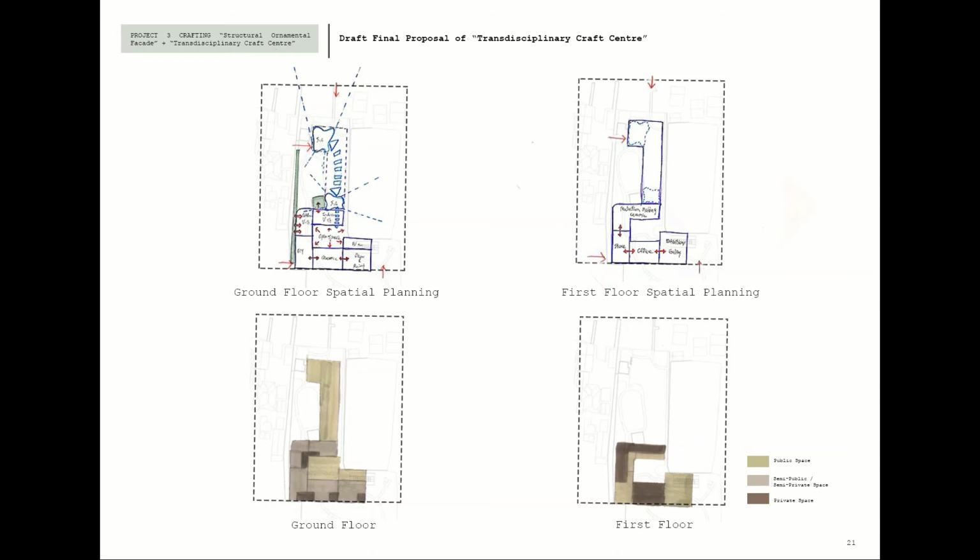And then I have developed it into more detailed spatial planning. I separate the programs into ground and first floor. Some areas I keep the same, like the Dokchao vertical garden tower and some small flower gardens which relate to my program.